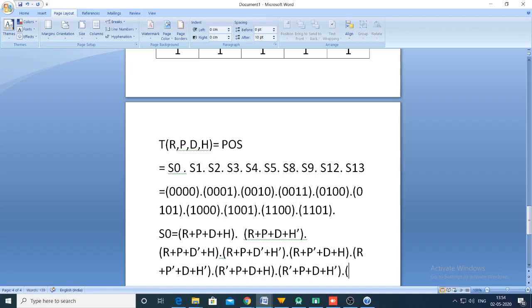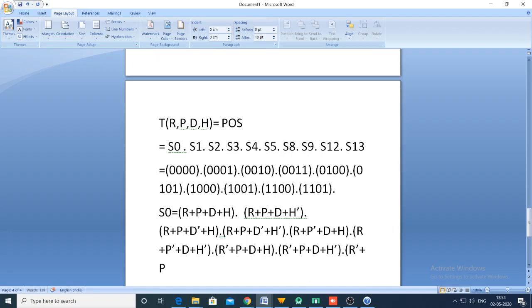The next one R bar plus P bar plus D plus H. The next one R bar plus P bar plus D plus H bar.